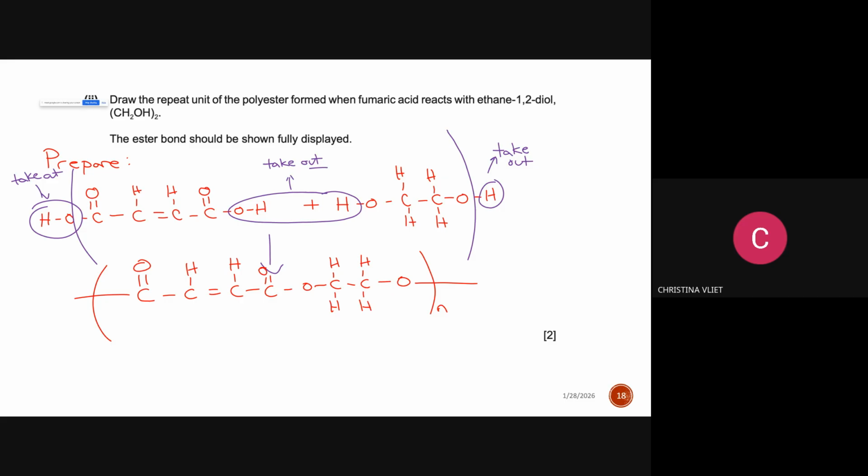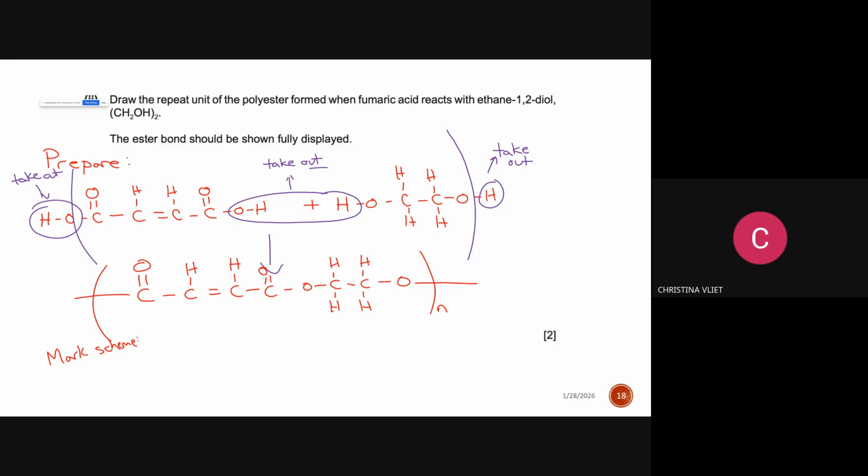It looks like a lot, right? You got to be very careful how you treat it. Do you want to see how they wrote it in the mark scheme? By the way, even though you can write it in this way, like I've shown you with all the bonds, however molecules are presented to you is how the answers will often be written in the mark scheme.